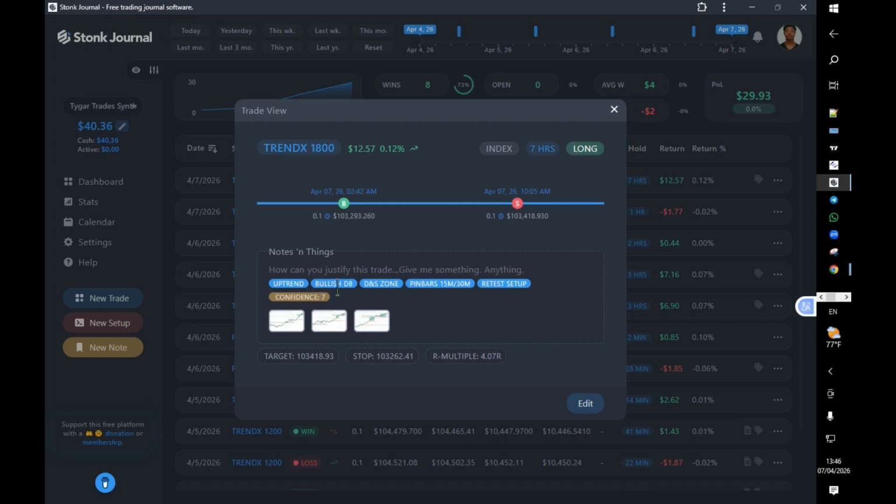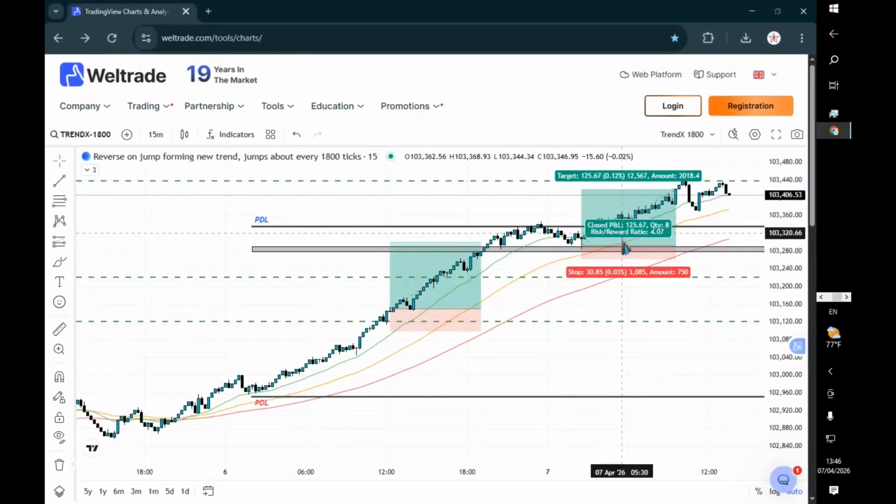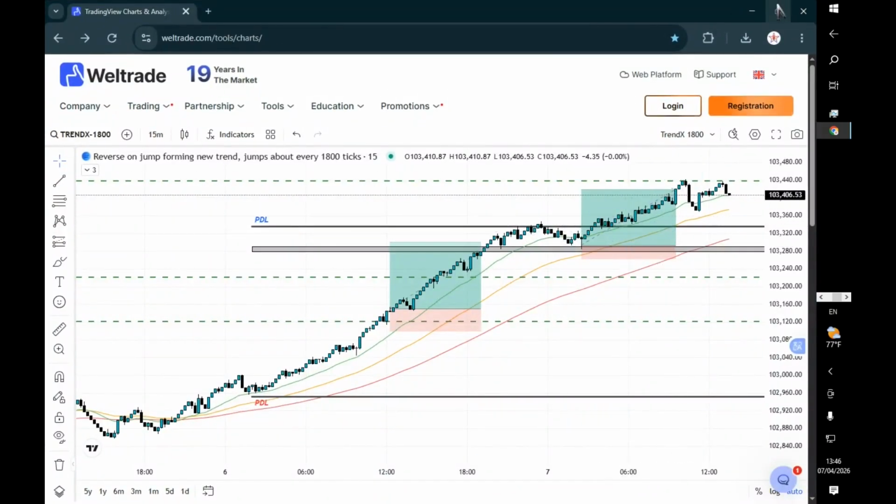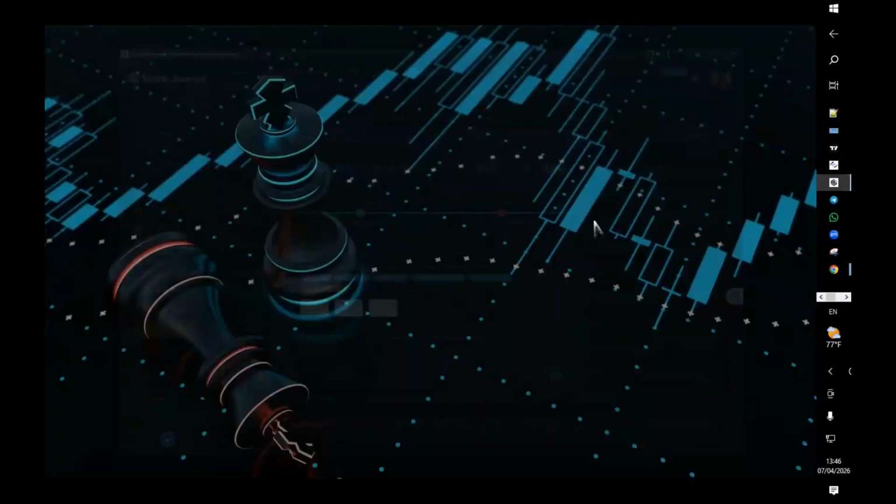So you can see that everything is in line with the A setup, because I told you it's an A setup, and R multiple 4.07, as we saw also on TradingView, R multiple 4.07. So it just matches everything, as well as my MT5.